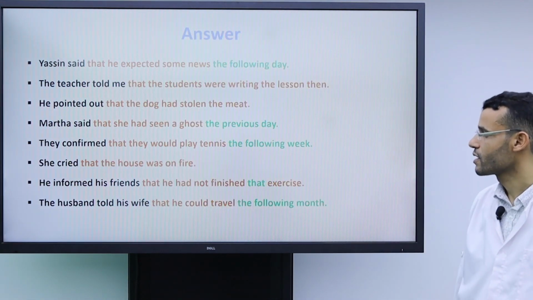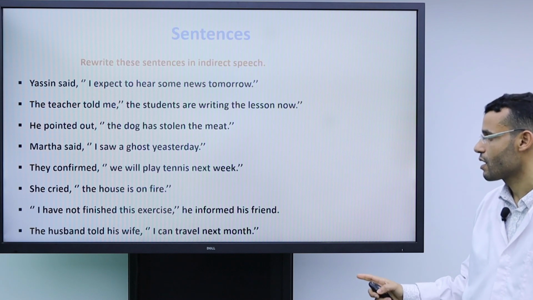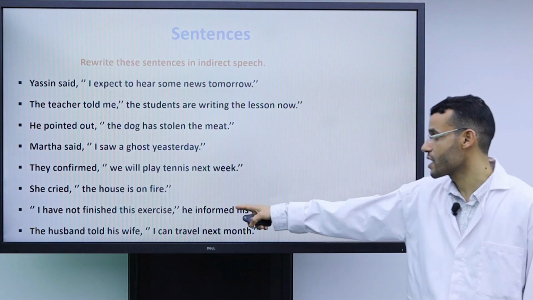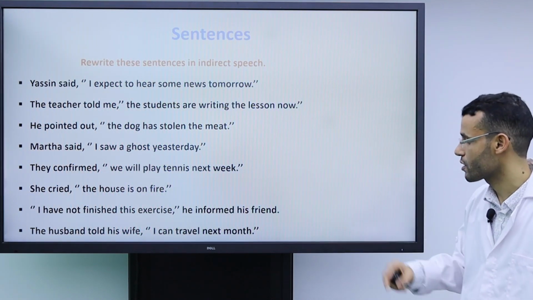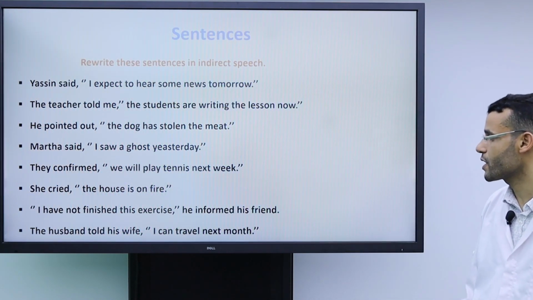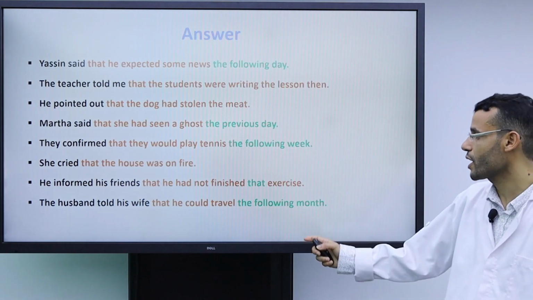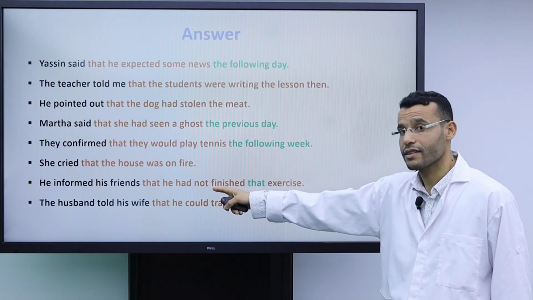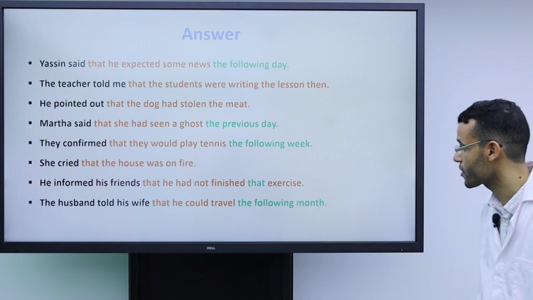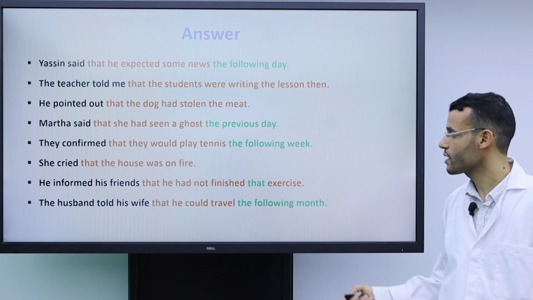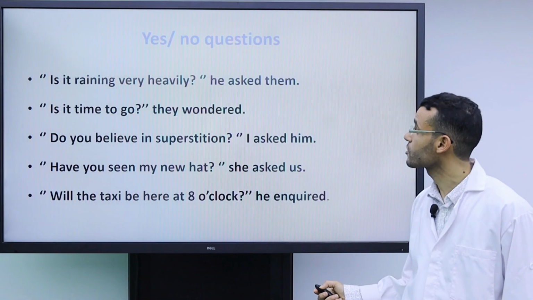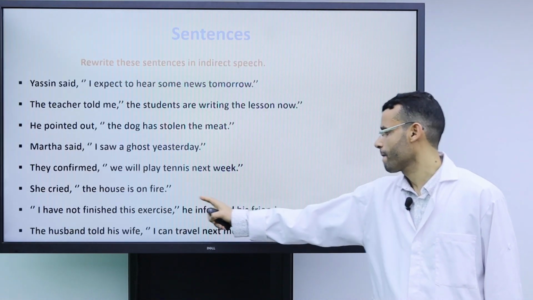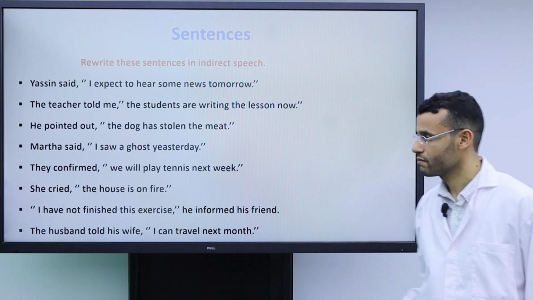He informed his friend, "I haven't finished this exercise." We can change the structure. So he informed his friend that he hadn't finished that exercise. So this becomes that.